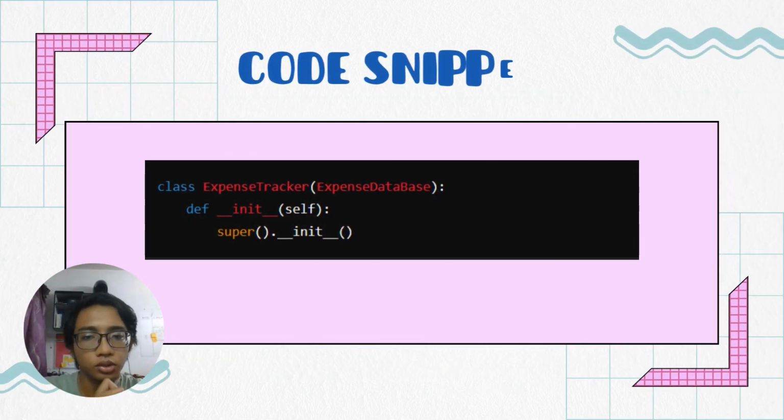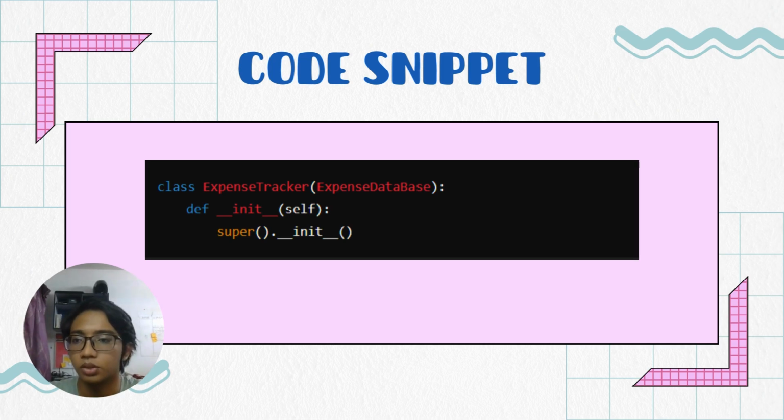So this is the code snippet for polymorphism.